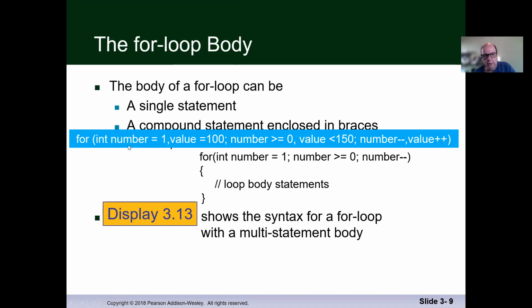So I can say number is equal 1, value equal 100. I can check for number to be greater than 0 or value to be less than 150. I can go down with number minus minus and go up with value plus plus. So either one in the middle is going to satisfy, it's going to stop the loop. I'm not suggesting this, but I'm just saying it's available for you to use.